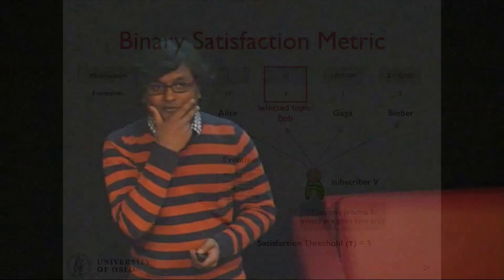So in this regard, we define two satisfaction metrics. The first one is called the binary satisfaction metric, and I'll explain it with an example. With the same satisfaction threshold specified in the previous example, 5, and there are several topics. Each topic has an event rate, which is the number of events per unit of time.